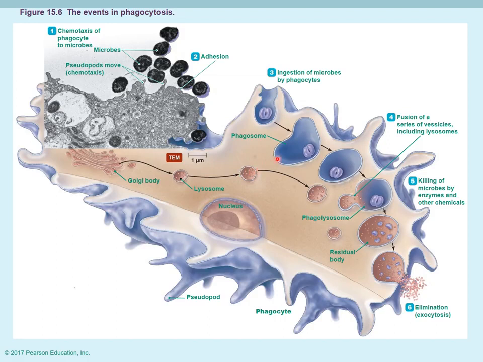The lysosome will be attracted to this vesicle that has the bacteria in it, so it's going to fuse to it, dumping out all that lysozyme, which is going to dissolve and break down whatever was inside, in this case a bacteria. The cell can reuse things, so if there are amino acids there, it can reuse them. Any remaining waste, it will eliminate from the cell by exocytosis.